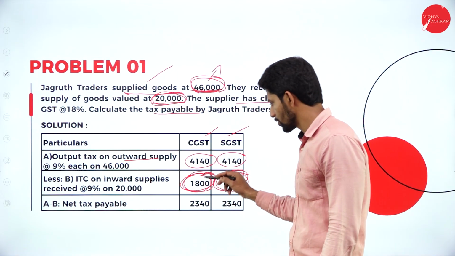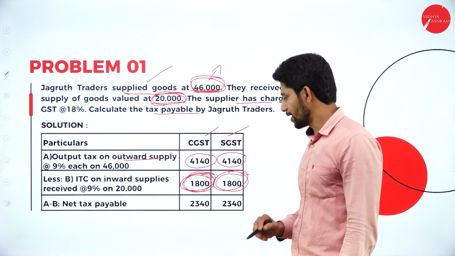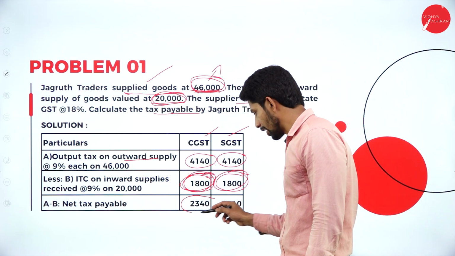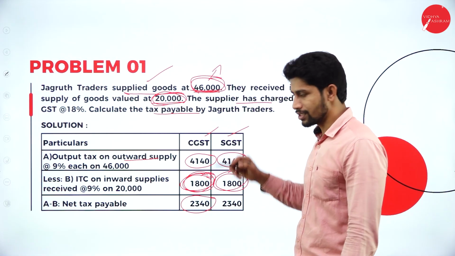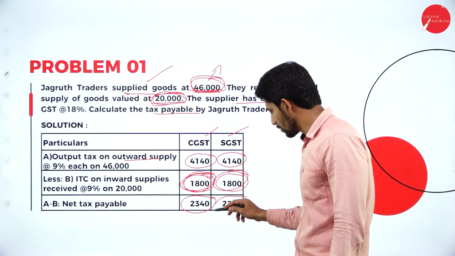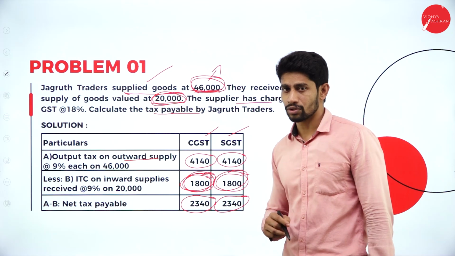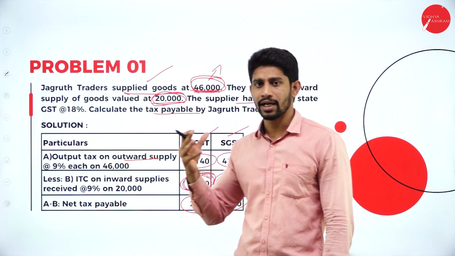I will take the credit of this 1,800. I will set off that 1,800 with 4,140 and I will pay the remaining amount of 2,340 under CGST and the same amount of 2,340 under SGST. So this is how you are supposed to set off the input tax and output tax.